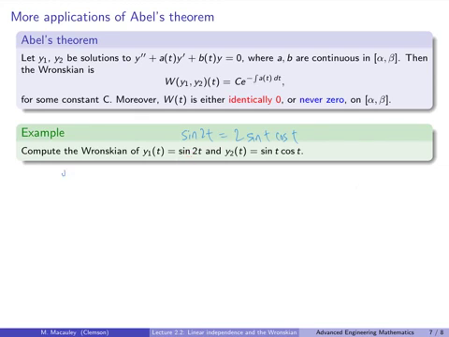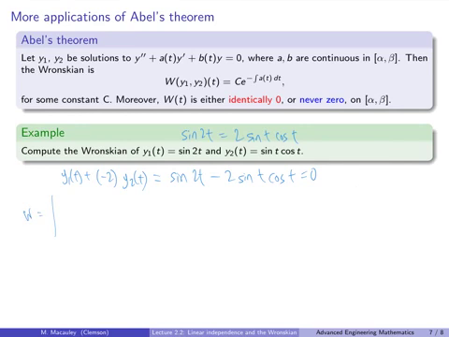So for example, y1 of t plus negative 2 y2 of t is going to equal sine of 2t minus 2 sine of t cosine of t, which equals 0. So let's compute the Wronskian of this and see what happens.